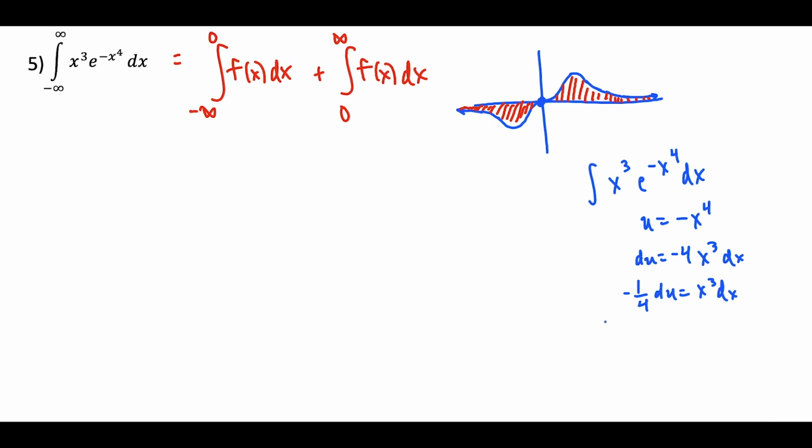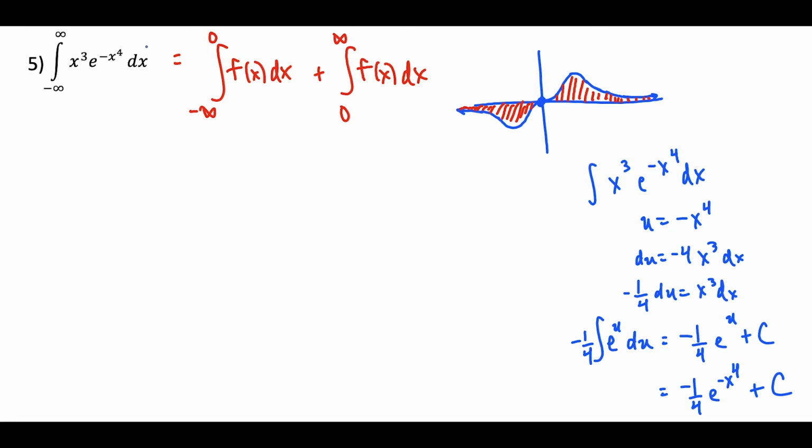So this integral can then be replaced with negative 1/4 du, and then we're going to have e to the u. So that substitution takes care of everything, and that tells us our antiderivative is negative 1/4 e to the u plus c, and then we've got negative 1/4 e to the negative x to the 4th plus c.